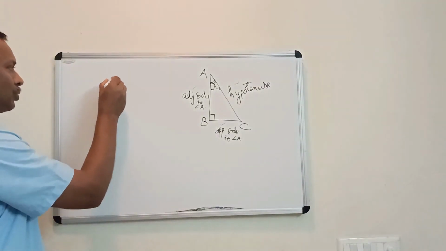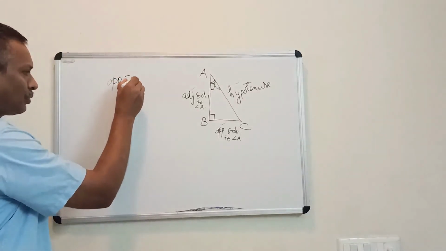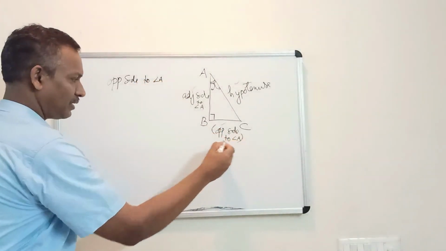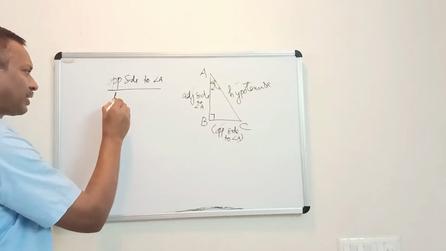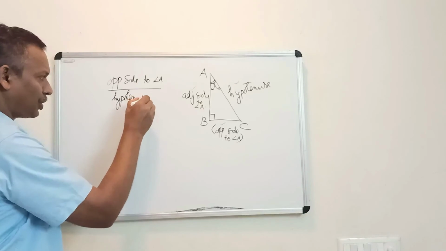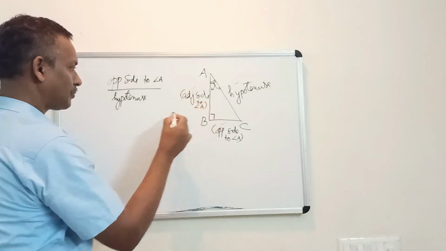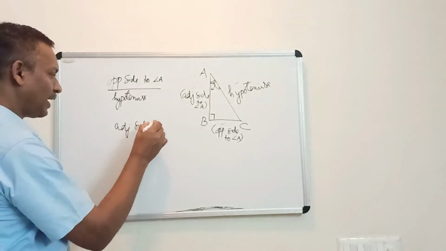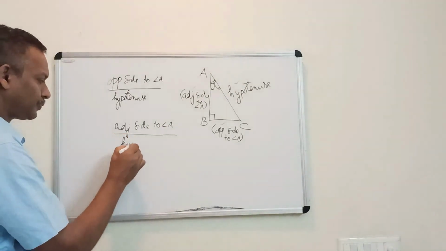One is the opposite side to angle A, by hypotenuse. In any order we can write hypotenuse. This is the first ratio I can make. The second ratio I write like this: adjacent side to angle A by hypotenuse.